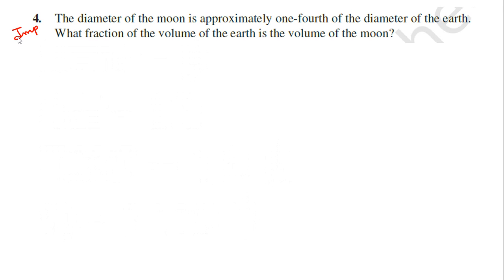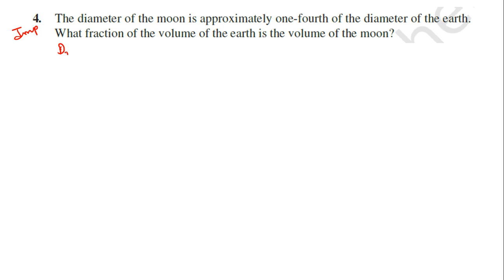The diameter of moon is approximately one fourth of the diameter of the earth. First of all we have to write its equation. In equation format, how can we write it? Diameter of moon, I will call it dm.